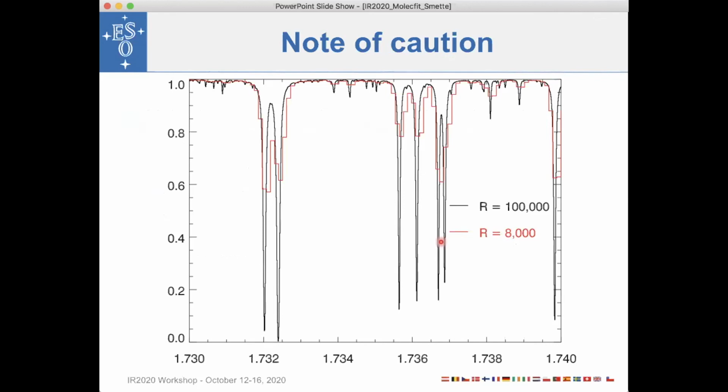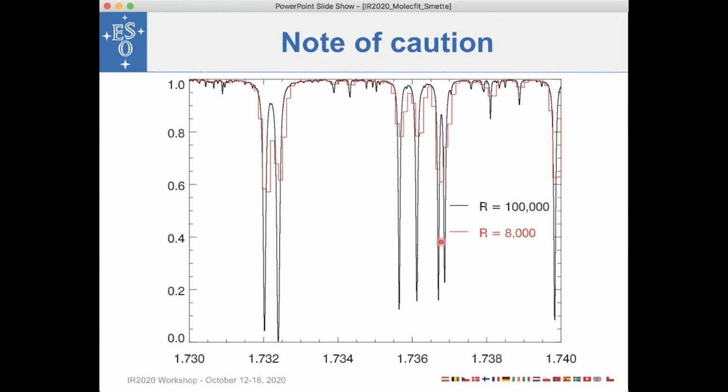For example, the neon 2 line is in a very bad neighborhood, and if you blindly ignore the atmospheric spectrum, you may end up with a photometry that's completely scrambled by the internal velocity structure of the object you're looking at, because you will get a modulation of the neon 2 signal, whether it is moved into the water vapor line or not.